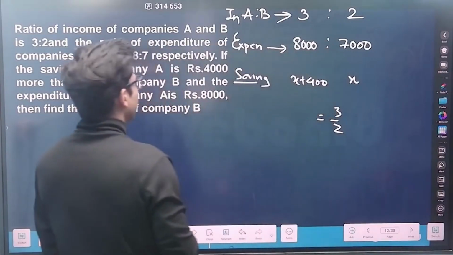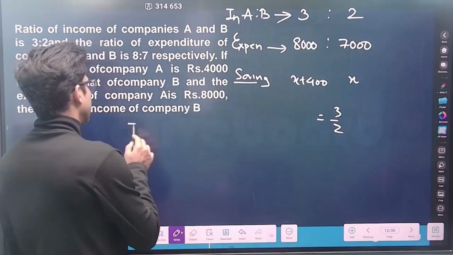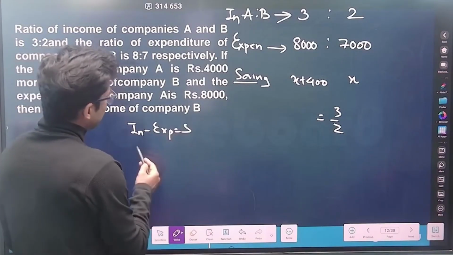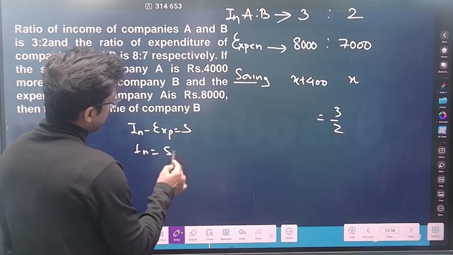Now, income is basically what? If you said that income minus expenditure is saving, can I say income is equal to saving plus expenditure?